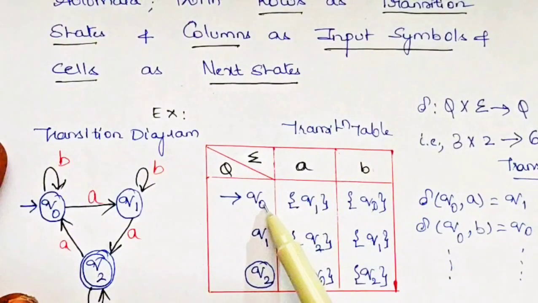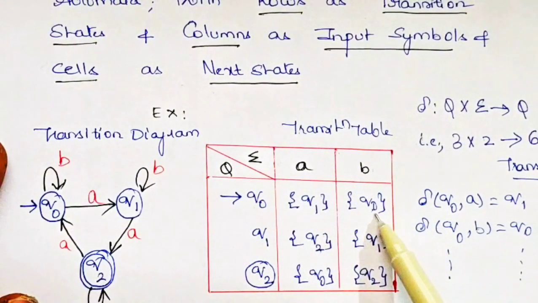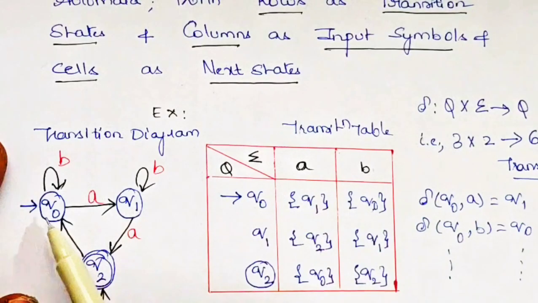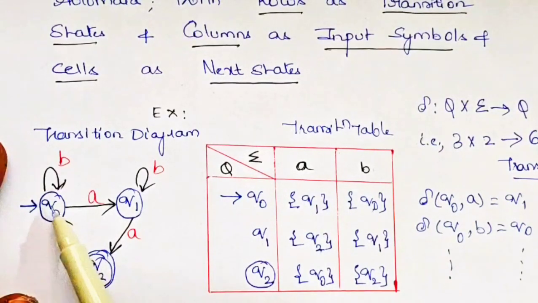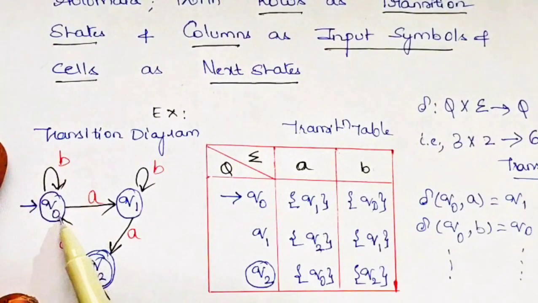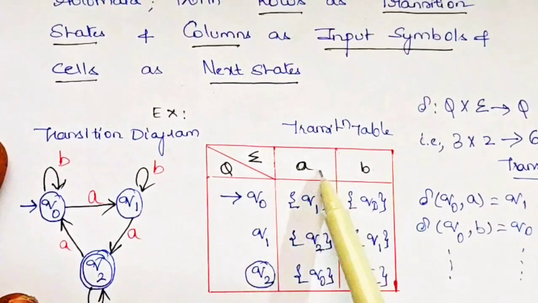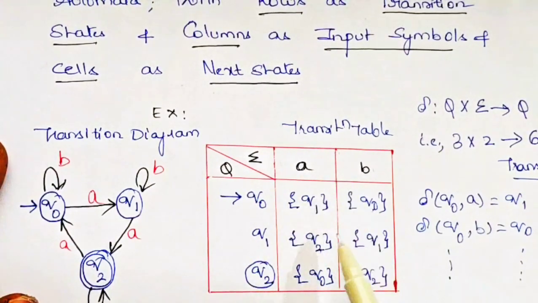Similarly, Q0 upon reading an input symbol B is remaining in the same state Q0. Let us examine the transition diagram. Q0 upon reading an input symbol B is remaining in the same state Q0. Thus, the next state Q1 upon reading an input symbol A is moving to the state Q2.